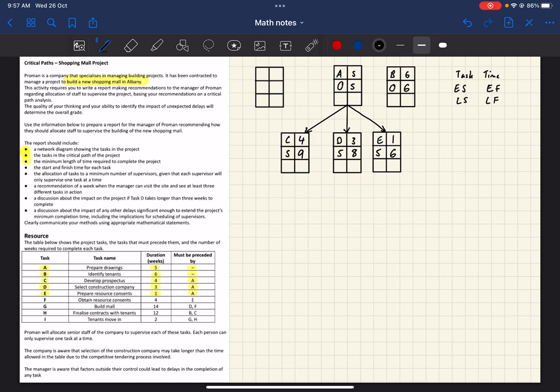Now F can go after E, so I'll do a little arrow going down.